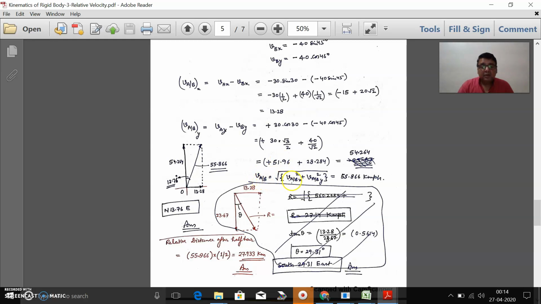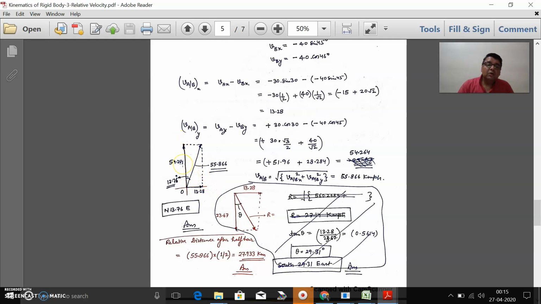Velocity of A with respect to B squared is x component squared plus y component squared. It was 54.265, it was 55.866. Then we can get VAy and VAx in this way, and in this we see what the angle is. The resultant of these two will be along this direction, with this north and this east.